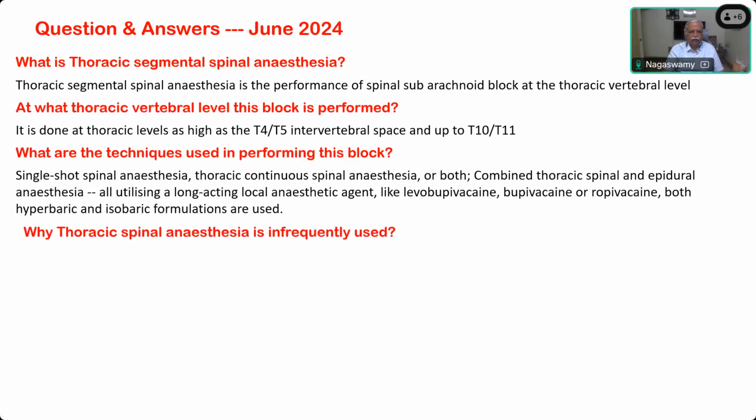Why is thoracic spinal anesthesia infrequently used? Why is this not very popular? Risk of puncturing the lungs. It's puncturing the lung, the pleura. Sir, it blocks the cardiac sympathetic fibers.